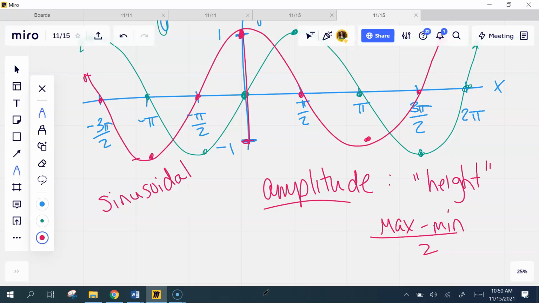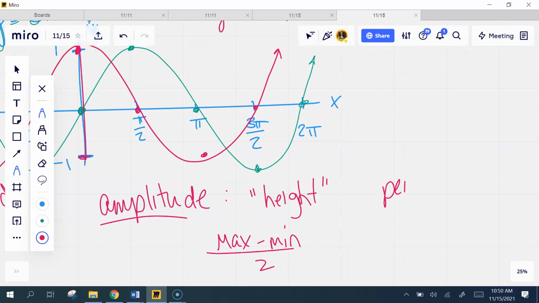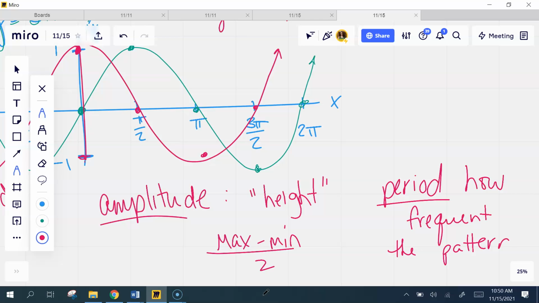Okay, good. The other thing is the period. What is the period? What does that mean? Have y'all not hit on this in any other class? It's how frequent the pattern repeats itself.